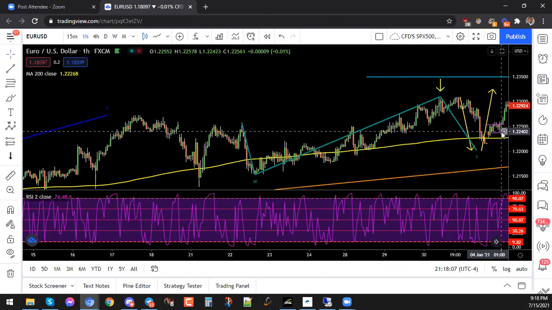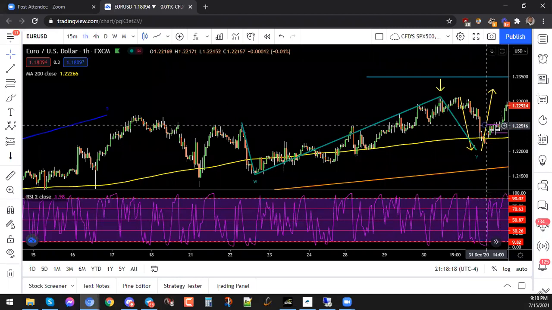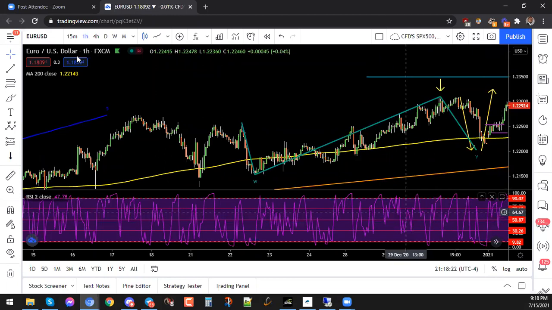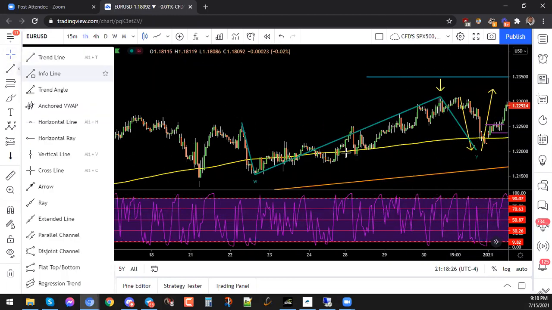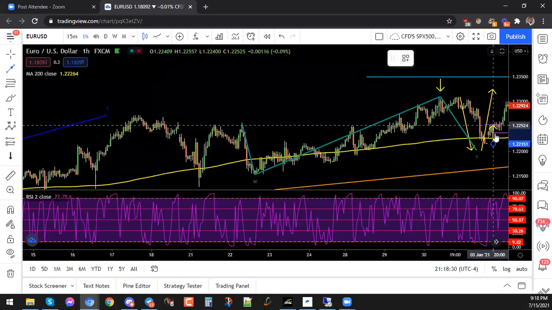So here you go. We have another move pushing up and it's bouncing off this 50 level on the RSI, okay? With it bouncing off this 50 level on the RSI, and with us knowing that this is a flat formation, we can go for one more move up. And if we're going for one more move up, we can come and use market geometry.